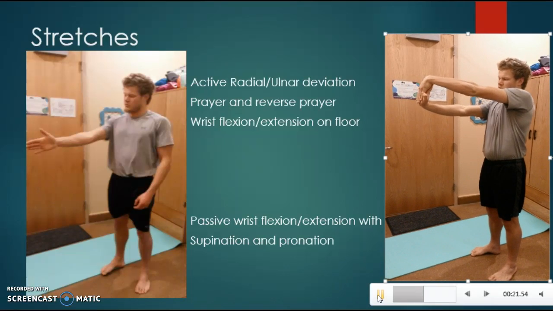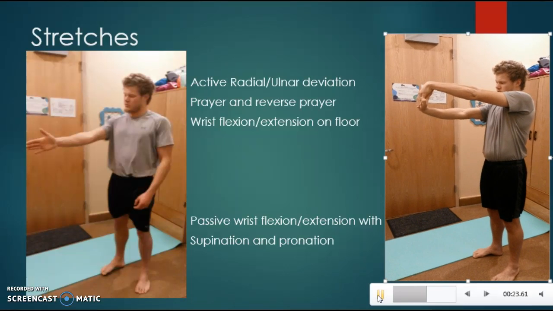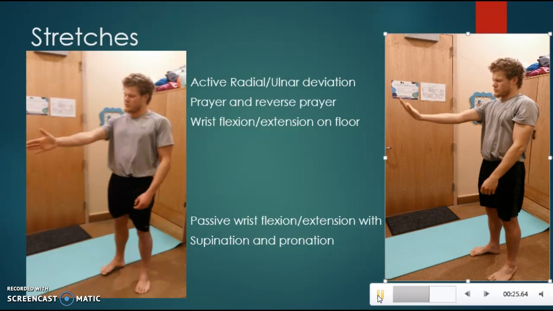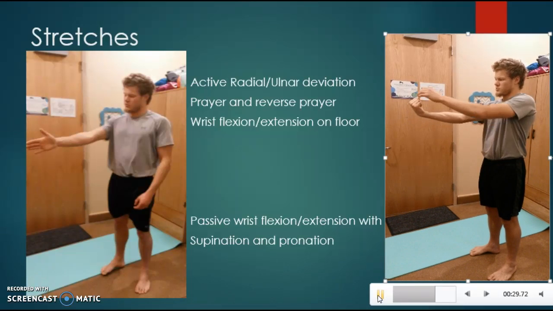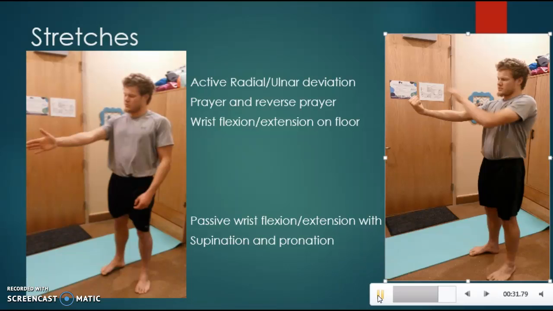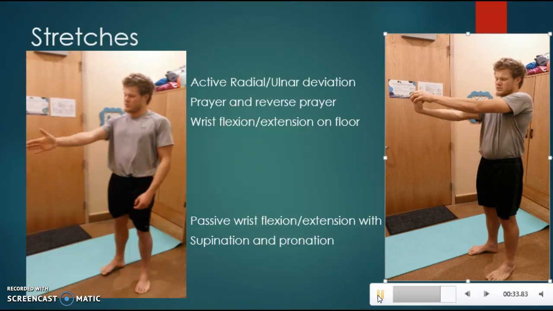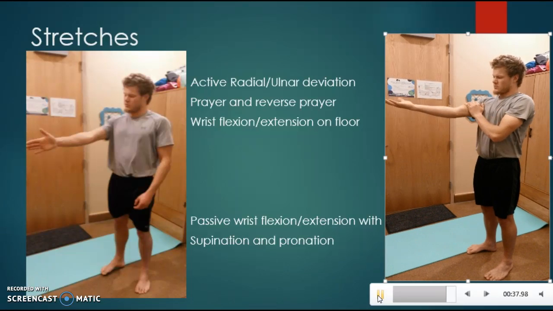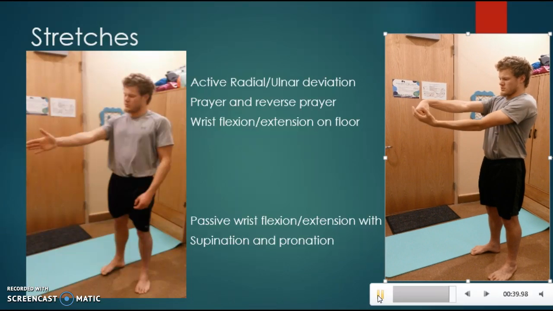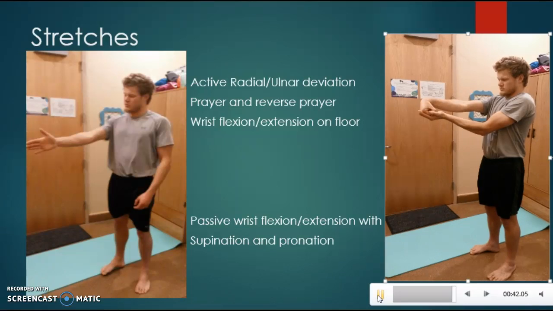After these stretches, we're going to move into the wrist flexion stretch, and I would recommend grabbing the thumb underneath the fingers to achieve a greater stretch on the thumb here. Supination, you also have in pronation.